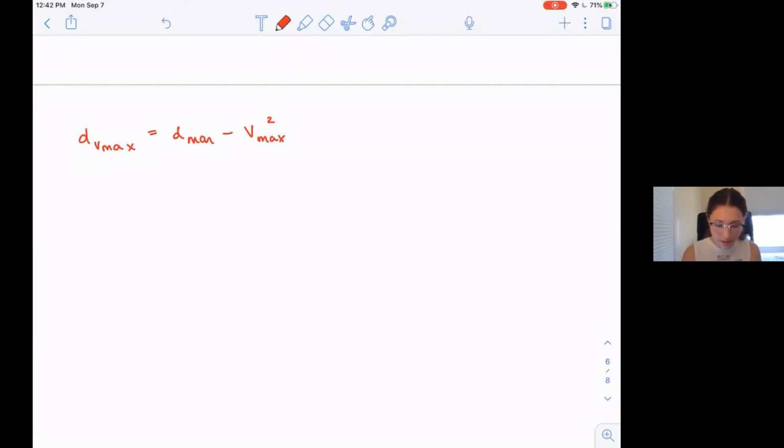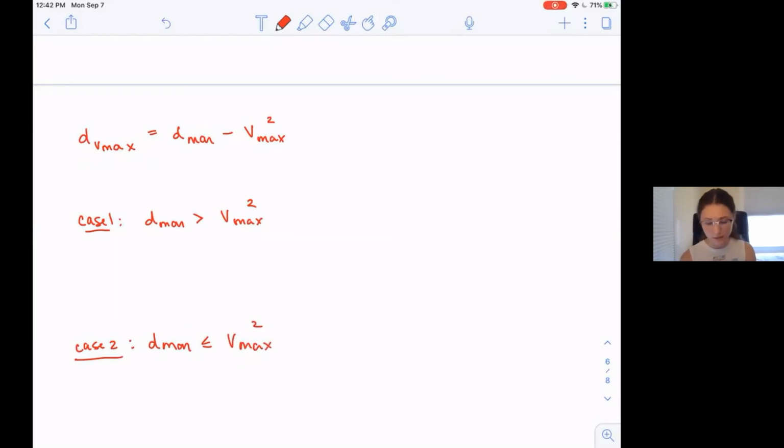So to figure that out, let's think about two cases. We have case one, d Manhattan is greater than v max squared, and then case two is d Manhattan is less than or equal to v max squared. If d Manhattan is greater than v max squared, then we know that the distance traveled when we're maxing out our velocity is going to be greater than zero.